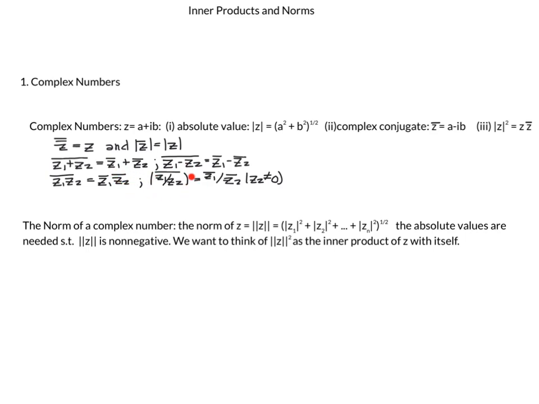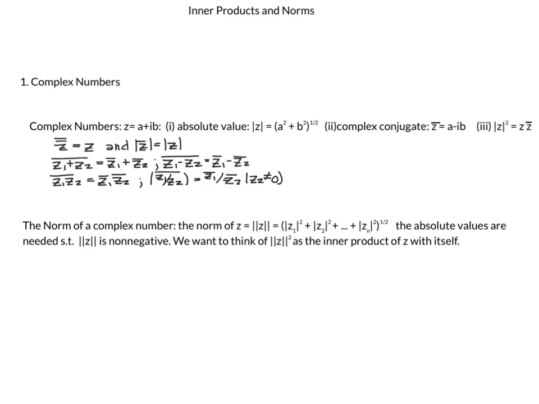Similarly for division, the complex conjugate of z1 divided by z2 is equal to the complex conjugate of z1 divided by the complex conjugate of z2, provided that z2 is not equal to 0. And again, because the inner product has a symmetry with complex conjugates, these properties will be useful when you're trying to prove something is an inner product.